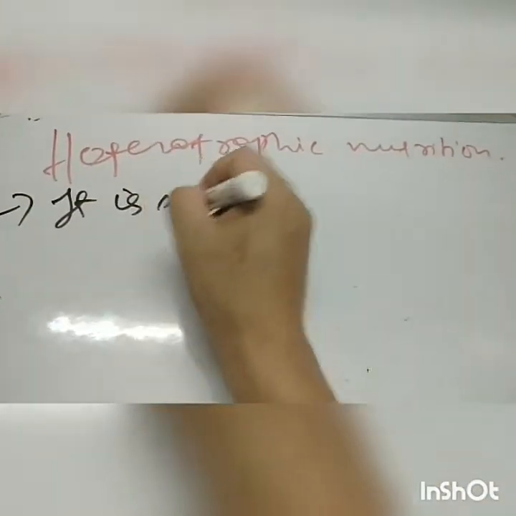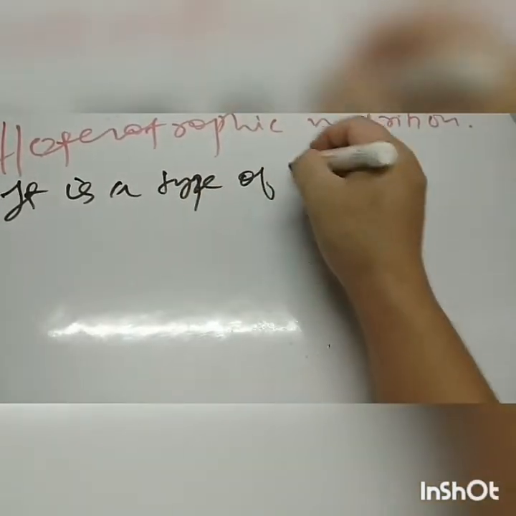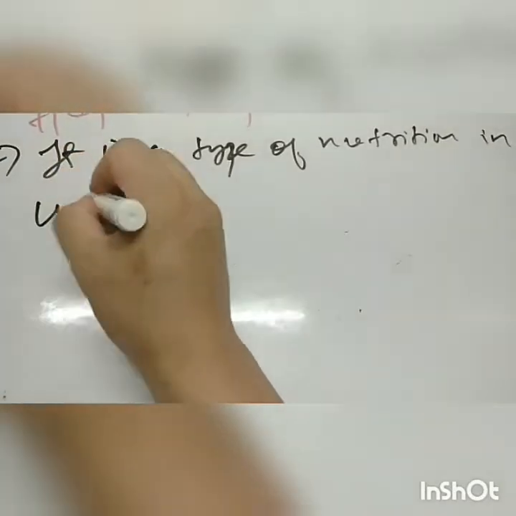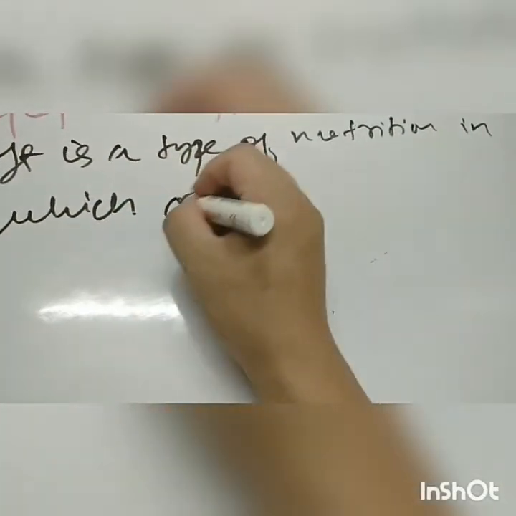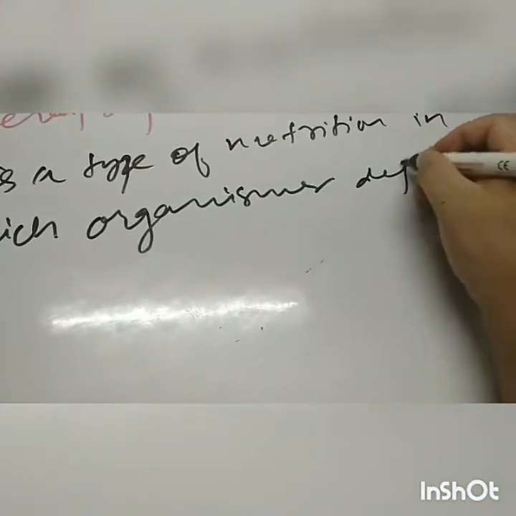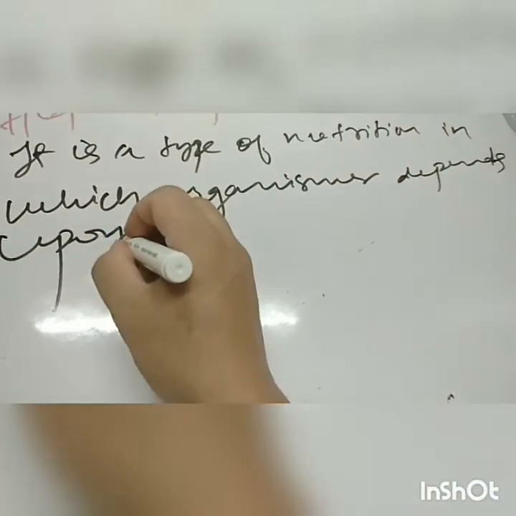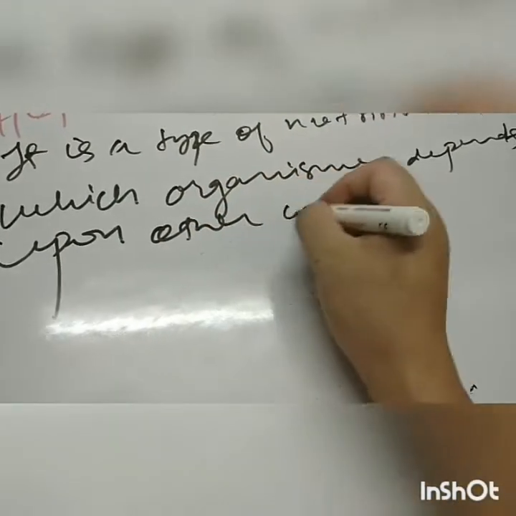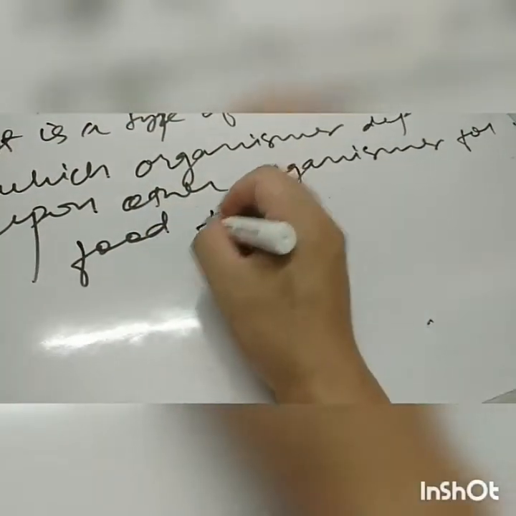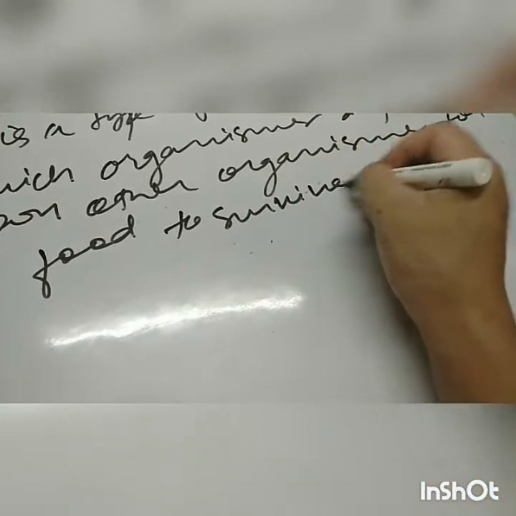It is a type of nutrition in which organisms depend upon other organisms for food to survive.